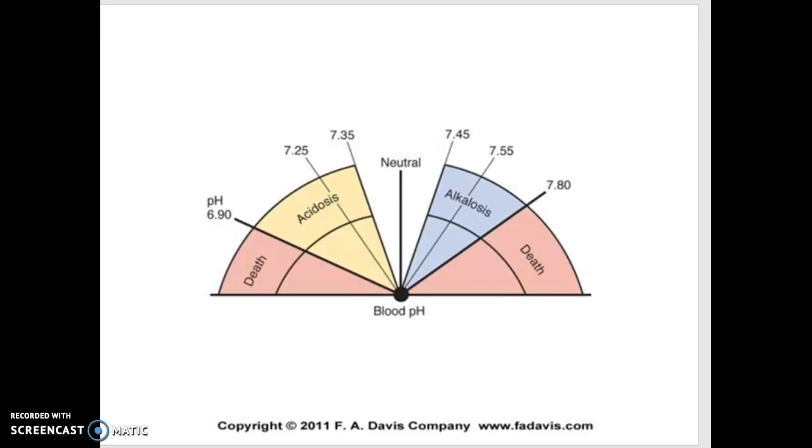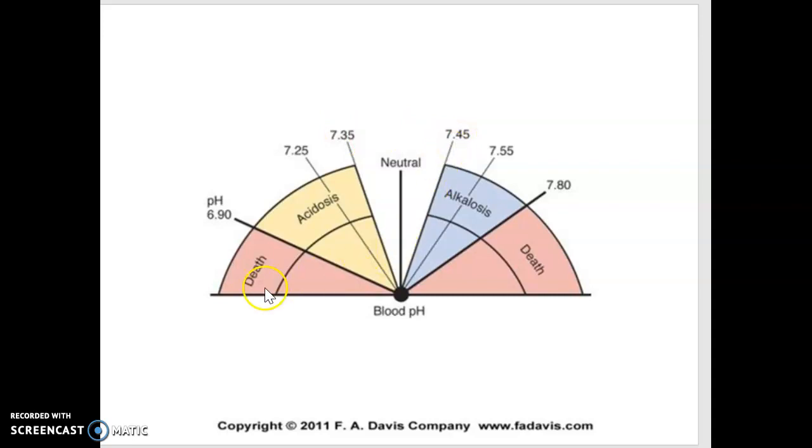The last thing I want to talk about is acid-base balance. When you look at the range of numbers on the acid-base scale, it goes anywhere from 0 to 14. The lower the number, the more acidic. The higher the number, the more alkaline. Your blood wants to live in a very tight range. It wants the pH to be within 7.35 and 7.45.